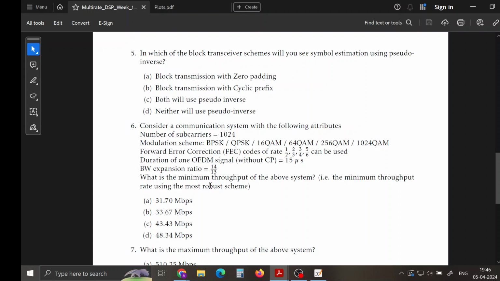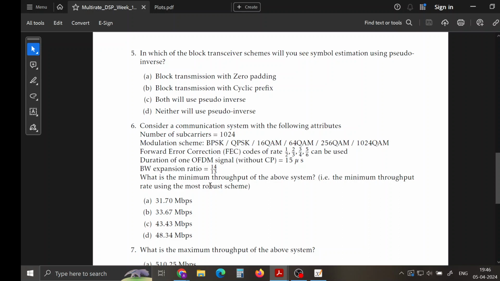So in FEC terminology, this code rate is actually the ratio of the number of message bits or symbols to the block length. It's usually denoted by k and n. K is the number of message bits and n is the block length that is transmitted.